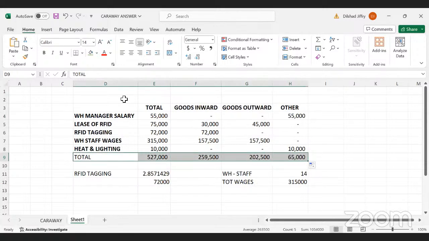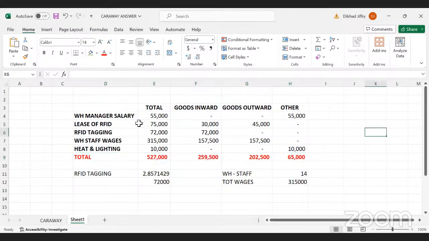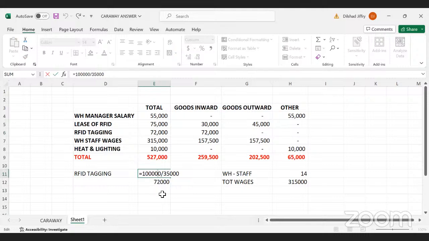Do you want me to explain the calculations? Sir, please. Yes, sir. Sorry, because I had put the screen on this thing anyway. Right, so now warehouse manager salary is given 55, and it all relates to other. Lease of RFID also is given. RFID tagging, they say we have 100,000 units, and each one can do about 35,000 tags.